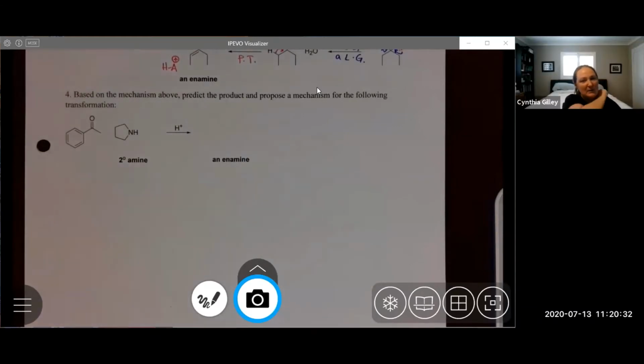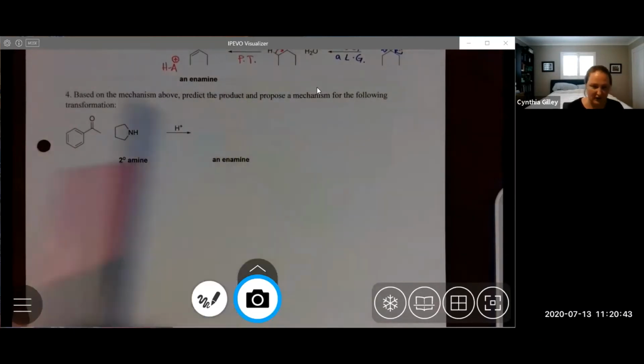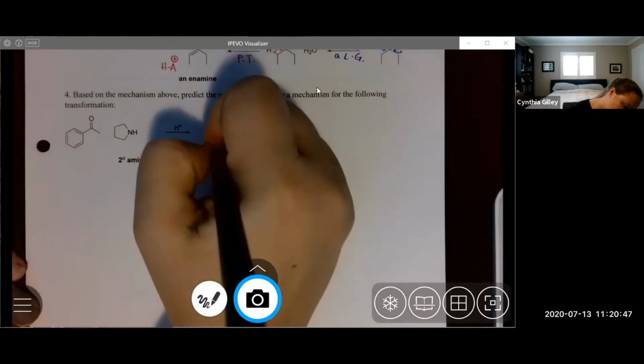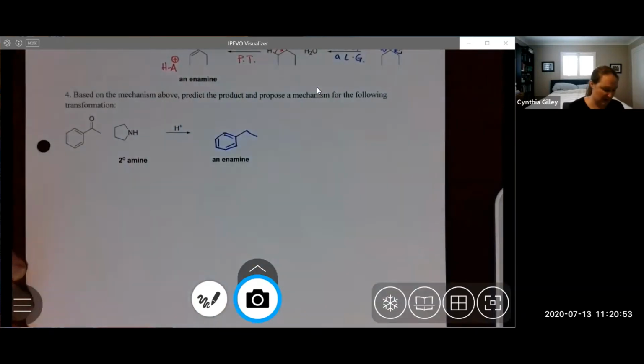Anyway, okay, so we are on enamine formation. And so this time he did not draw the product in, but we can go ahead and draw that in. Okay, so we just want to sort of start with the ketone. Kind of, you can see how I started with the carbon scaffold.